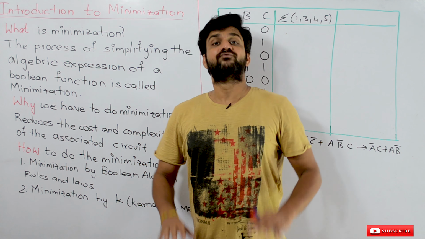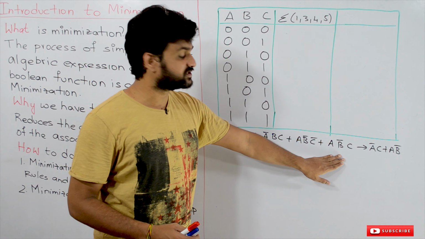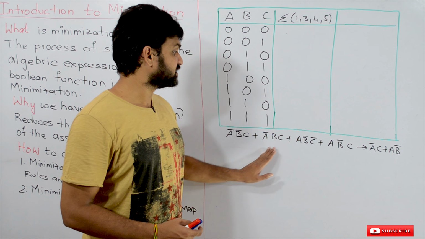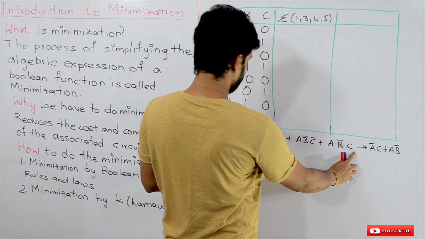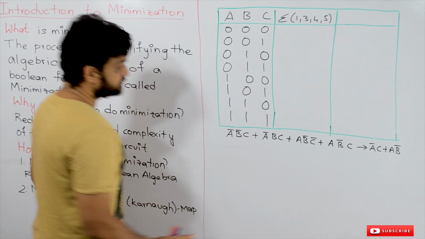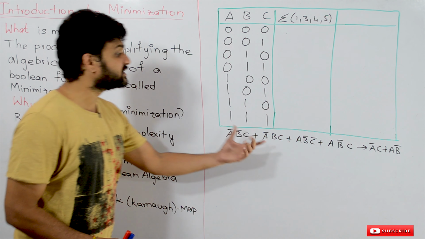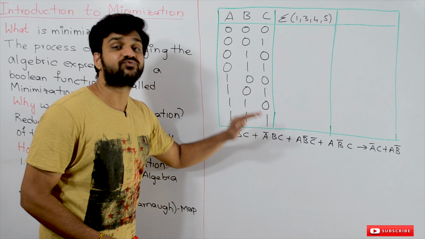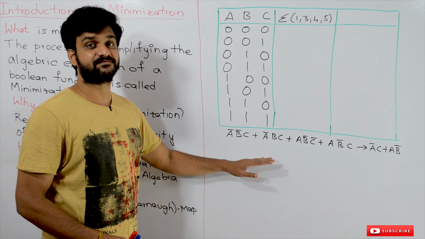We are explaining based on the assumption that you have already watched those videos. For example, if you take this boolean function, this is in the form of sum of products. Simplifying the algebraic expression of this boolean function is what we call minimization.